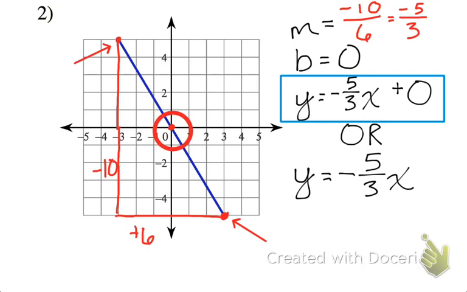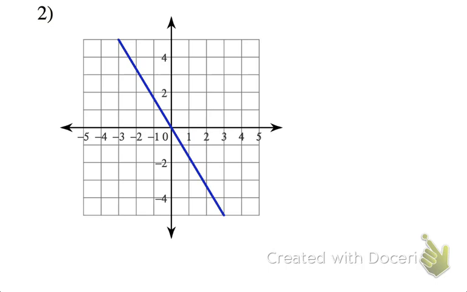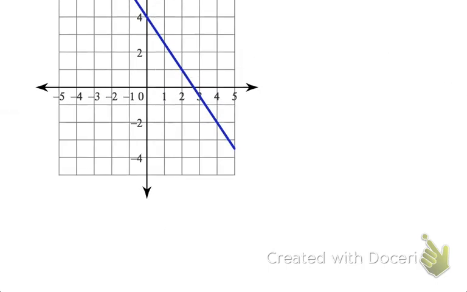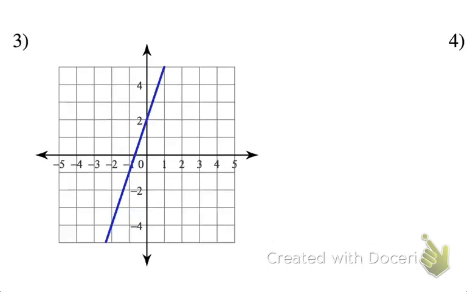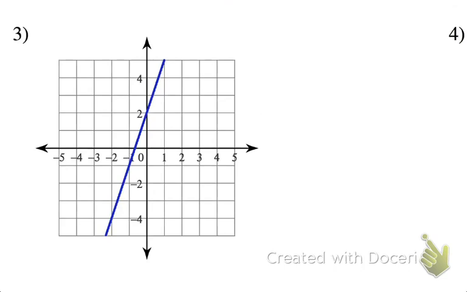It's the y value at that point. So if I can go ahead and show you number 3 very quickly. Number 3 would look like this. The y-intercept, if you can find it, shouldn't be that hard. It's where it crosses the y-axis, right there. You determine the value of it.